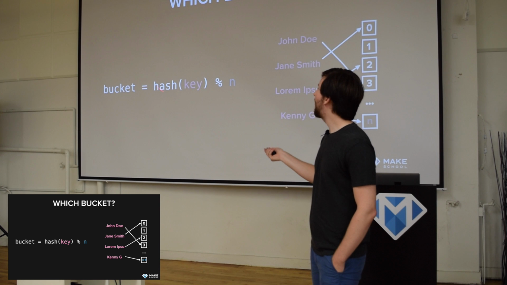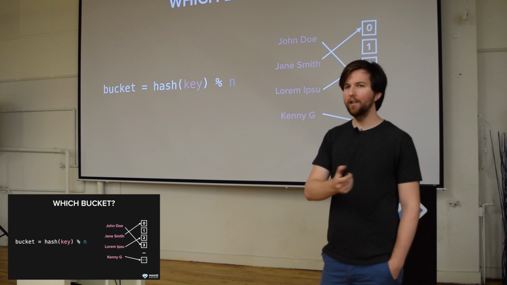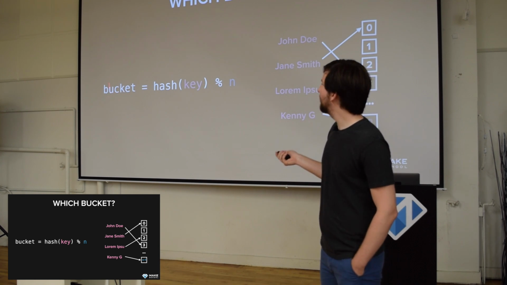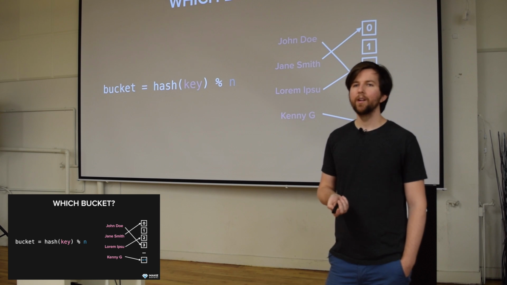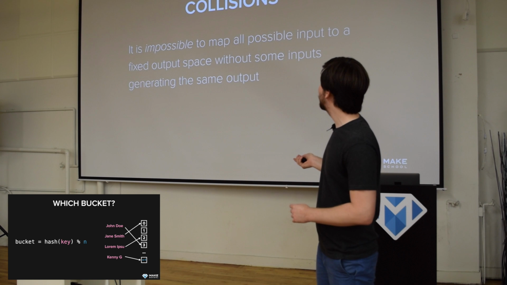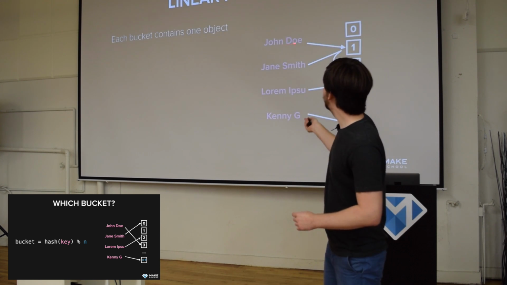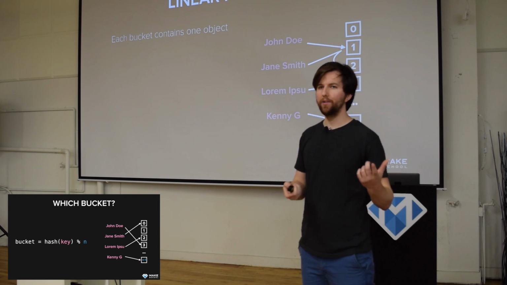So the hash value should always return the same number for any given key, whereas the bucket that it's mapped to is entirely dependent on how many buckets there are. So if we had 16 buckets instead of 8 buckets, it's very likely that John Doe and Jane Smith would not map to the same bucket because we're taking a different mod.